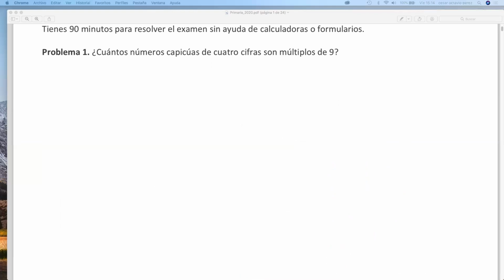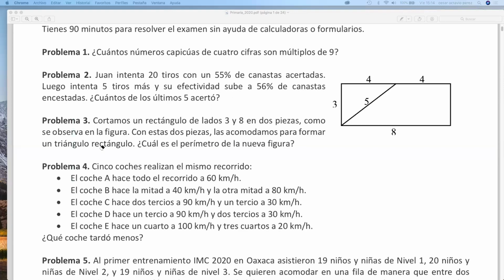There are 2 kinds of problems in this contest: problems that must be explained, and problems that must be solved very fast. In the first part, they only ask for the answer. This is one problem. The first, let me see. Okay.